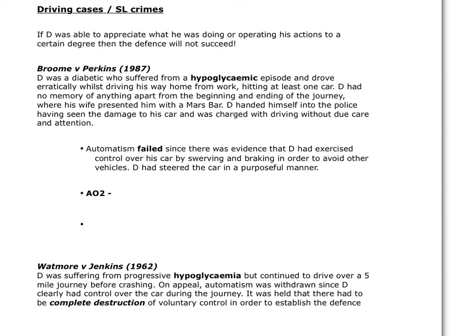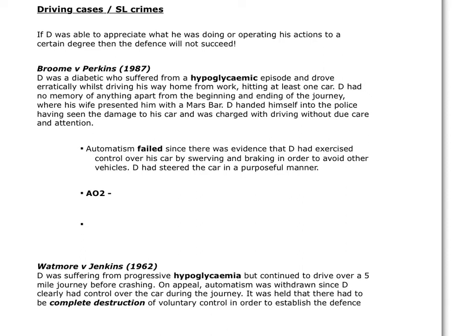So if D was able to appreciate what he was doing or operating his actions to a certain degree, the defence will not succeed. D must have no control at all, absolute annihilation, obliteration. The cases that have come up before the courts have been SL but also driving cases at the same time.